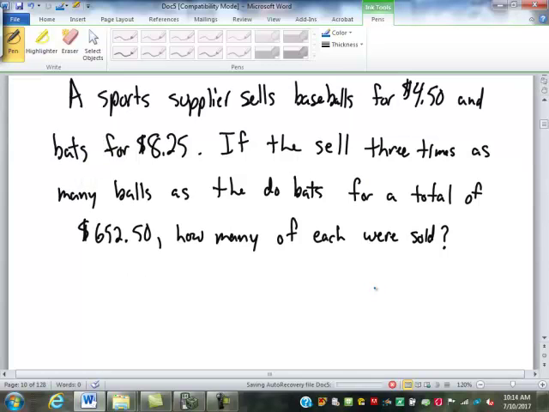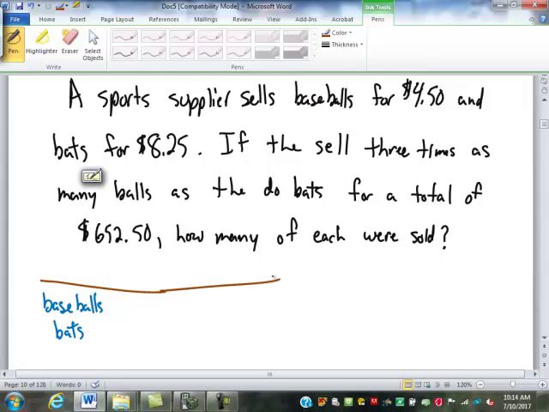So here's one where we kind of have to write out and build things up as we go. So we have baseballs and we have bats. I'm going to start out by trying to express the number sold. One of them is related to the other. I have to be able to express them in one variable.